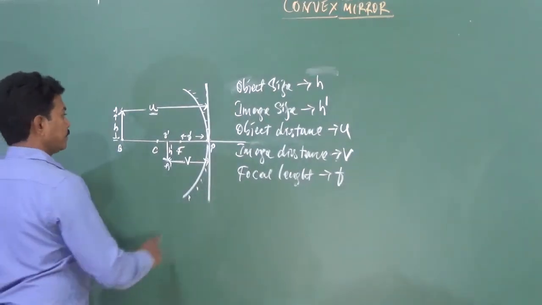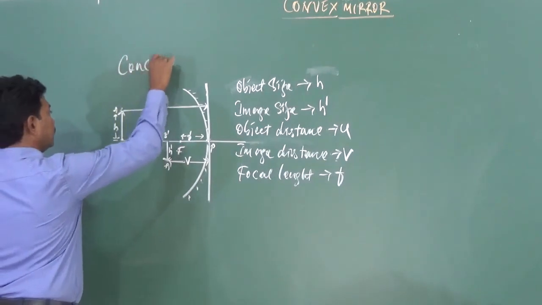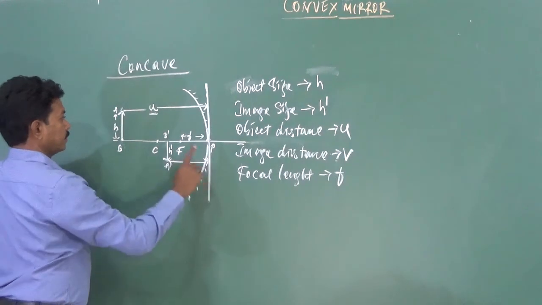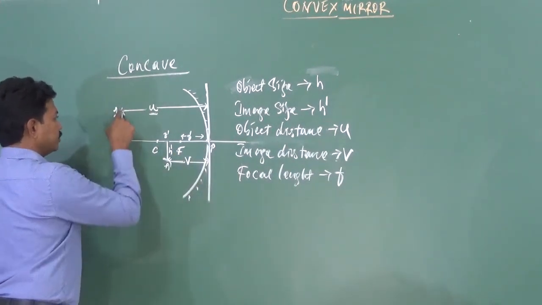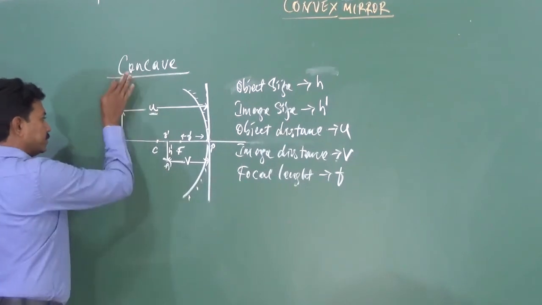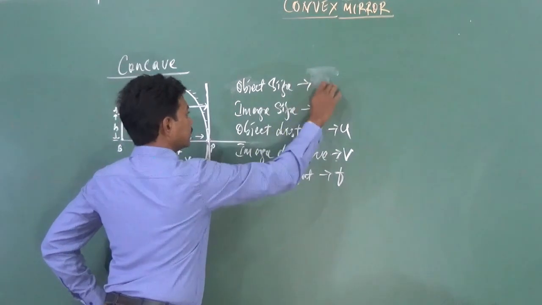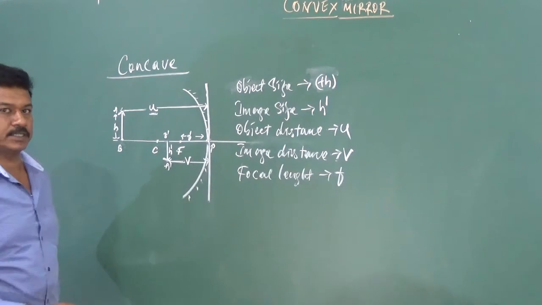So here, in case of a concave mirror, let us go with the things now. The height of the object is h. As we are measuring this height above the principal axis, the height is positive. This is plus h, so there is no need to write plus h; it is understood.